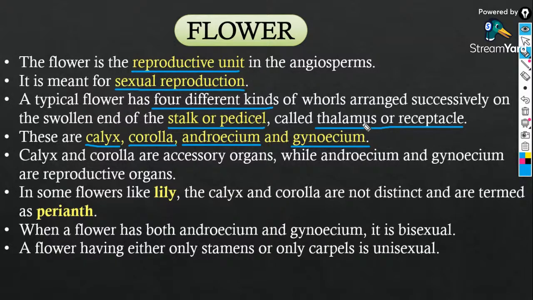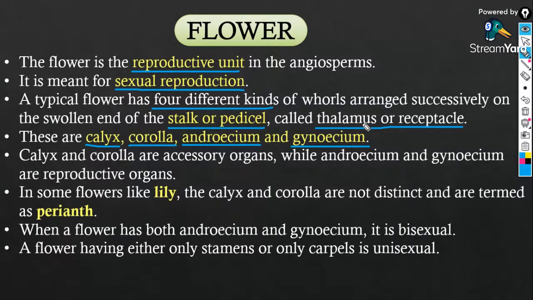The flower is the reproductive unit. It is meant for sexual reproduction. And there are four main whorls of a flower, that is the calyx, corolla, androecium and gynoecium. Whorl means four parts of a flower.